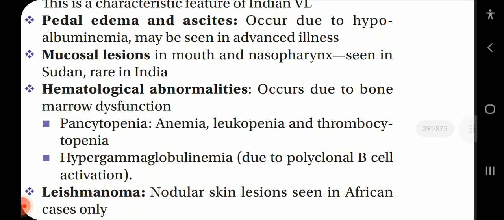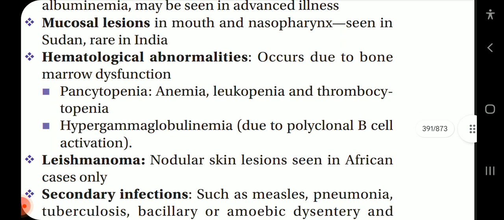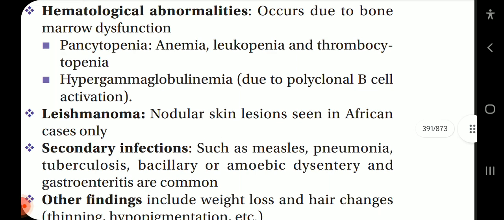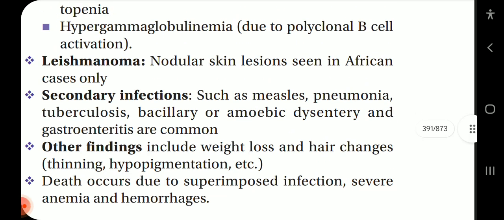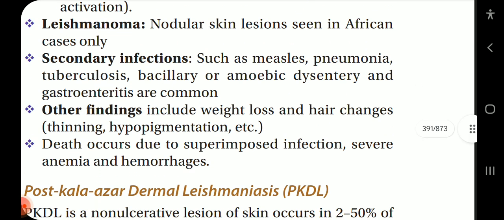Pedal edema and ascites occur due to hypoalbuminemia and may be seen in advanced illness. Mucosal lesions in the mouth and nasopharynx are seen in Sudan, rare in India. Hematological abnormalities occur due to bone marrow dysfunction: pancytopenia, anemia, leukopenia, and thrombocytopenia. Hypergammaglobulinemia is due to polyclonal B cell activation. Leishmanoma, nodular skin lesions, are seen in African cases only.